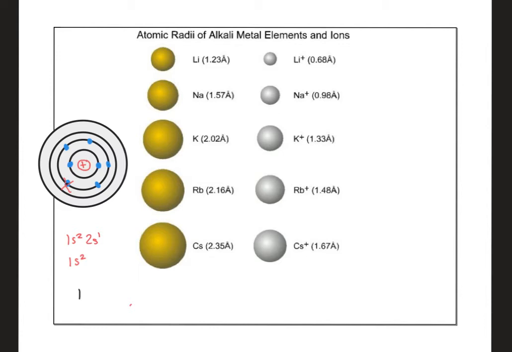So we have 1s2, 2s2, and 2p3. If I remove one of these electrons, now I'm at 1s2, 2s2, 2p2. And because there's fewer electrons in this 2p sublevel, the electron cloud is able to contract.